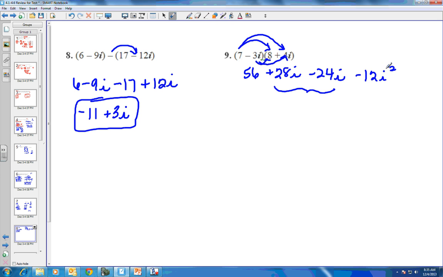Right, so this right here is a negative 1. So I really have 56. When I combine my middle terms, I get plus 4i plus 12, because this right here is negative 1. And then combining my like terms, 68 plus 4i.